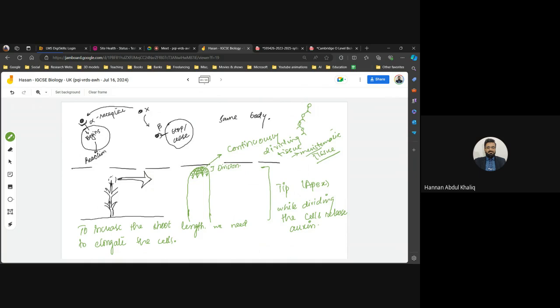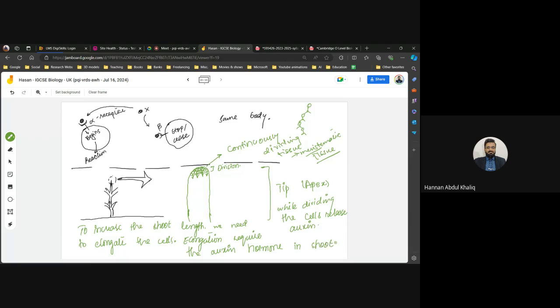And this would be, now please remember, the elongation requires the auxin hormone, meaning that I'm talking about shoot.